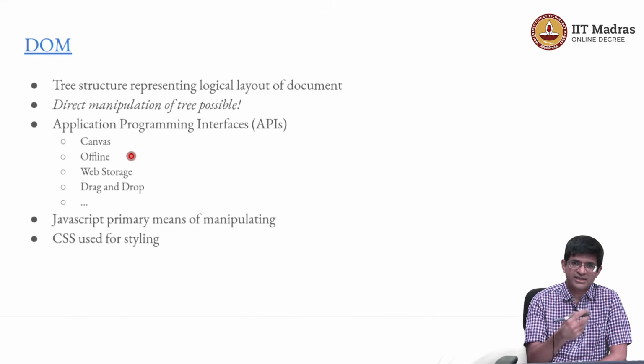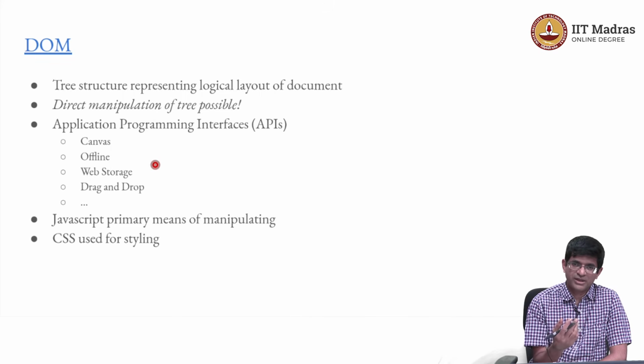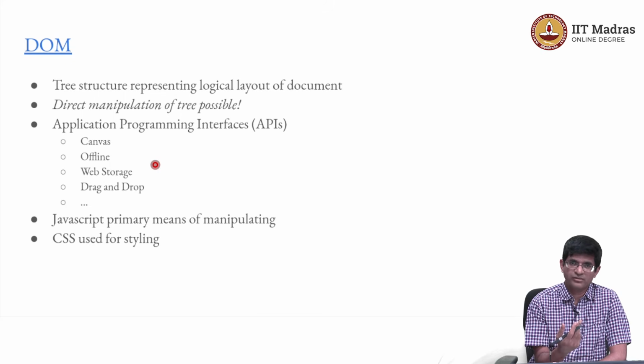What that means is that the HTML corresponding to that site gets stored on your local machine, and the next time you access it, it will run even if you are not connected to the internet, right? There are now APIs for web storage, which allow you to store certain information on your local machine, which means that it can become persistent. The next time that you go back to the site, it might still remember where you left off and be able to work with that.